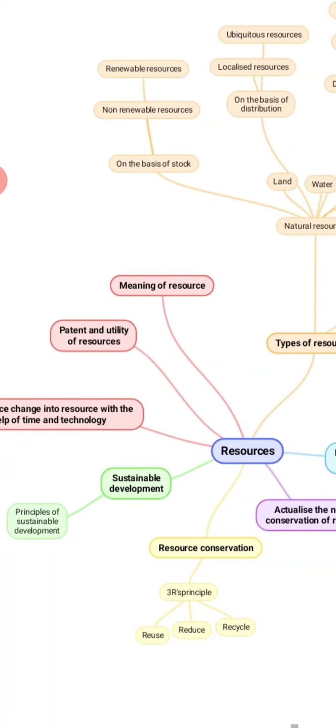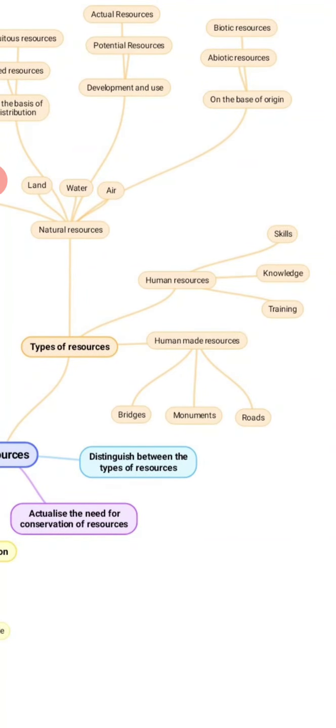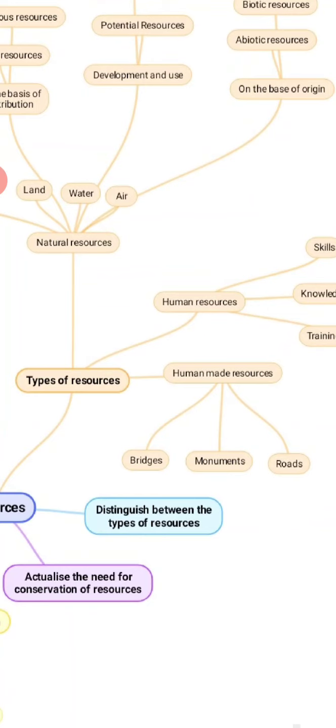Then we have learned about the three different types of resources. These are natural resources, human resources, and human-made resources. Natural resources are those resources which are drawn from nature and used without much modification. For example, land, water, air.